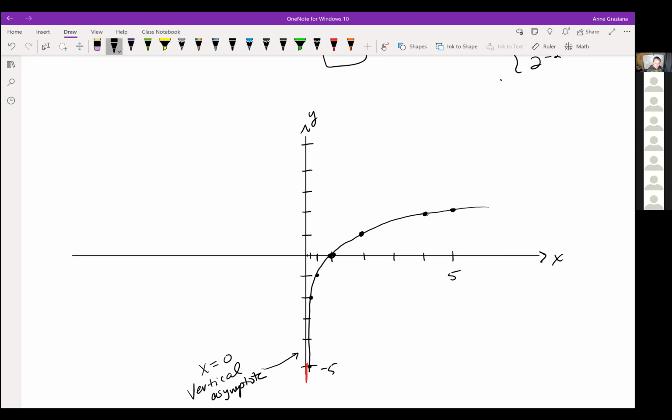It'll ride alongside it all the way down to -infinity, but it will not touch it. As we get bigger, it will gradually increase. So this is the graph of f of x equals log base 2 of x.